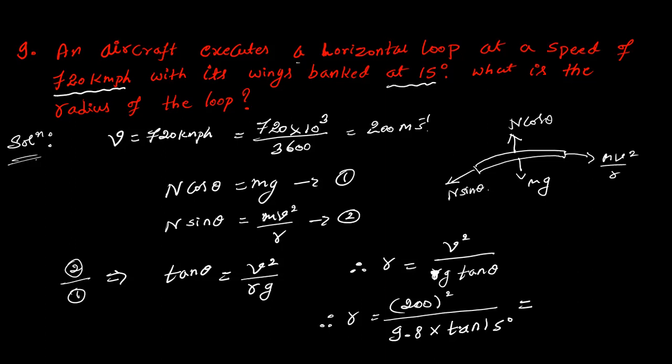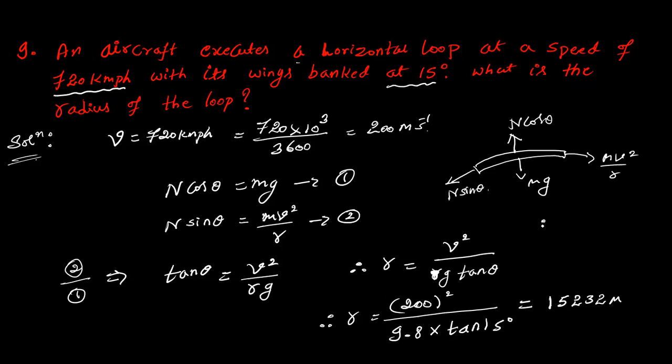What is the value for tan 15? Tan 15 degrees is 0.2679. Substitute 0.2679 and you get 15232 meter.